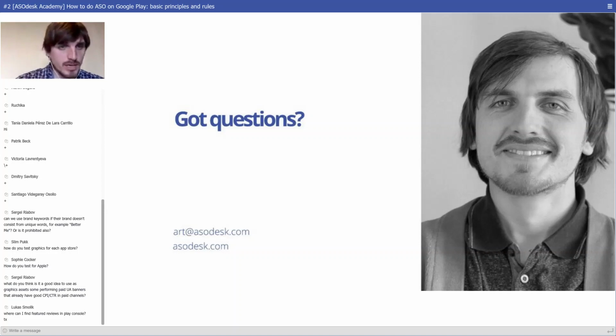Sim Puk, how do you test graphics for each app store? For Google Play, we test using the native Google Play tool for A/B testing, and for the App Store, there are a few tools which help us to test graphic assets, like Split Metrics, ASO Giraffe, and I think a few others.